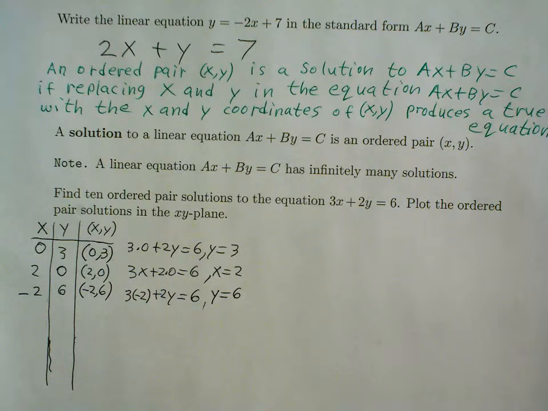Okay, so I'll give you about a minute or so. Find a different solution than we've found so far to that equation, 3x plus 2y equals 6.